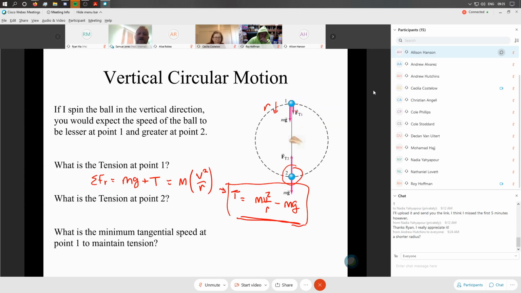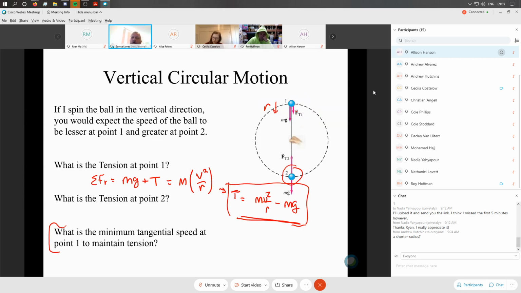Which leads to my question down here, we'll deal with in a minute. Okay, but I want to stress to you, having tension being negative doesn't make sense. So that means that there always has to be a little bit of tension in the string, otherwise it wouldn't be going in a circular path.